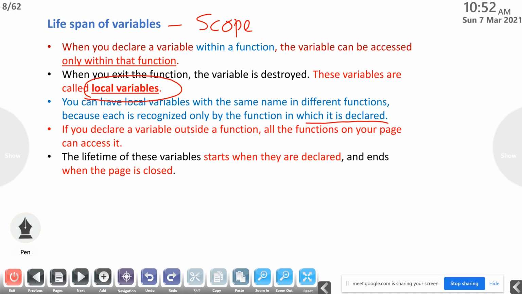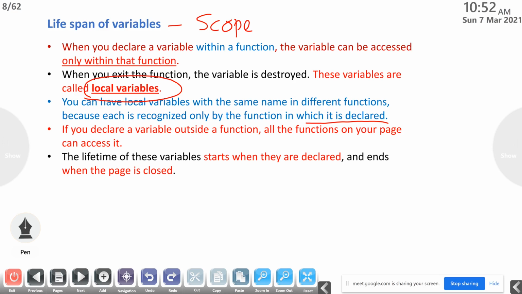If you declare a variable outside a function, all the functions on your page can access it. So if you are declaring a variable outside all the functions, then all the functions on your page can access that variable. The lifetime of these variables starts when they are declared and ends when the page is closed.